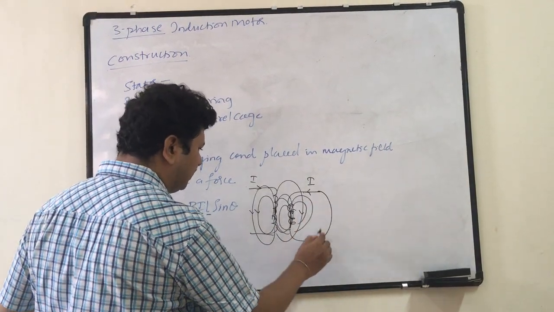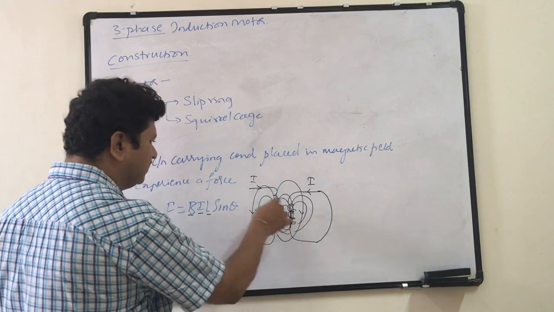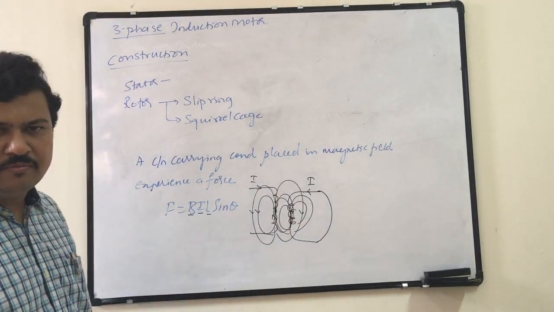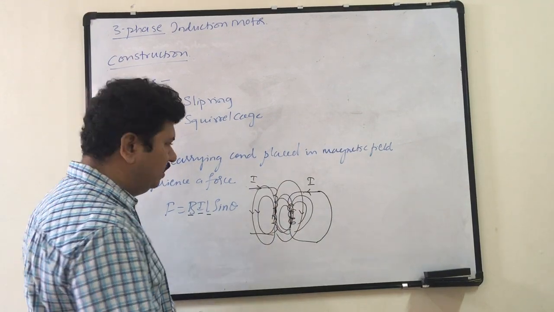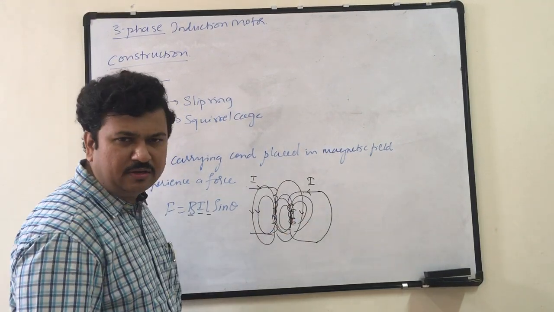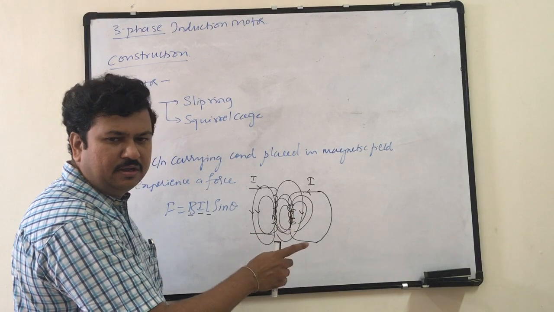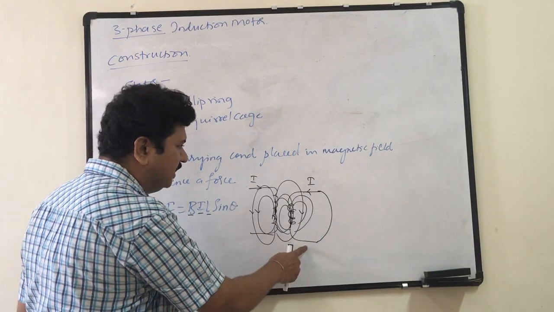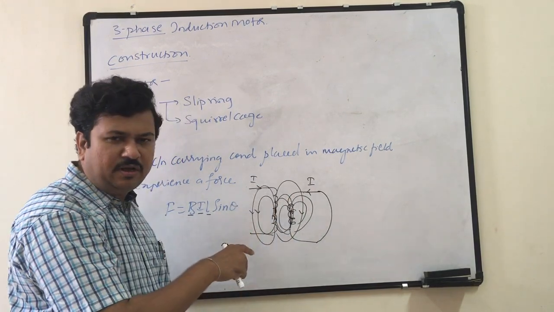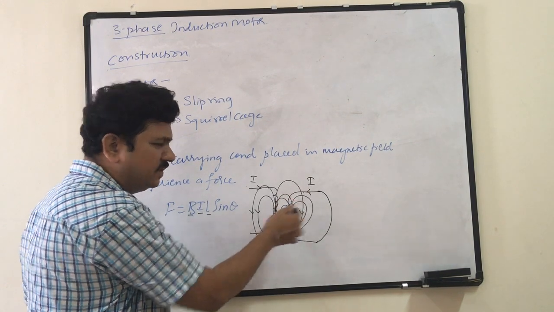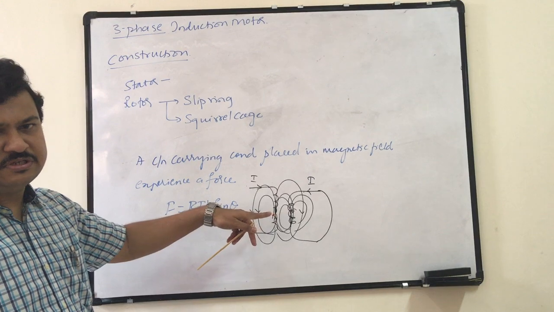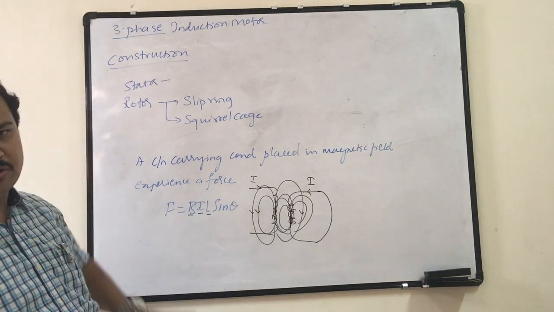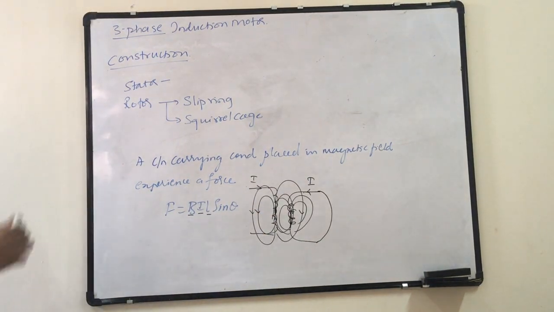I will simply short it, and I will place this in the first magnetic field. If the magnetic field is alternating here, then an EMF is induced in the second coil. Then because it is short circuit in nature, current will flow in the second coil. It will create flux. Those fluxes interact. Force is produced. This is called the induction principle, and this is what happens in an induction motor. How it exactly happens, we will look into.